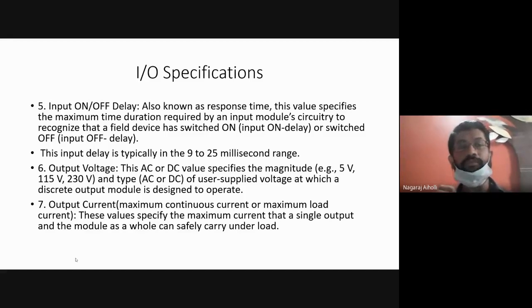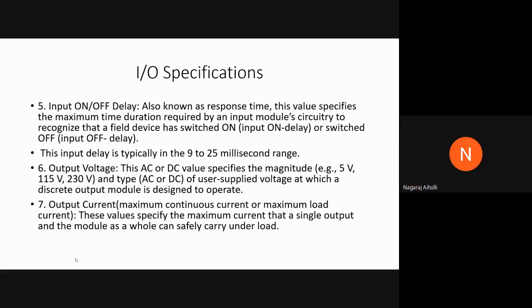That is called input on or off delay, the response time. The typical value of this input delay is 9 to 25 milliseconds. That means for the input module to recognize the on state or off state of the field devices, the time required is just 9 to 25 milliseconds. That is the response time.